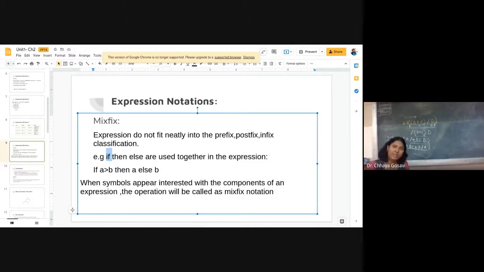So there can be nested if else. So if condition, then statement, else statement. So when symbols appear instead of components of an expression, the operation will be called mixed fix notation. So normally, all loop statements or condition statements come under mixed fix category. Other mathematical expressions come under either infix, prefix, or postfix.